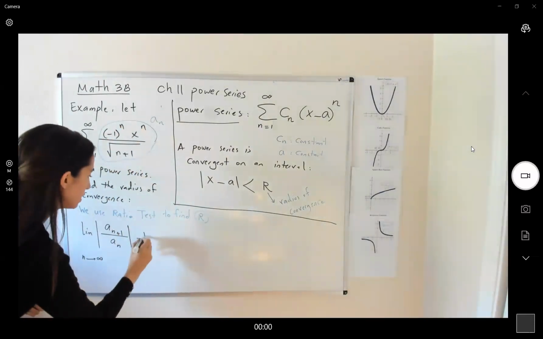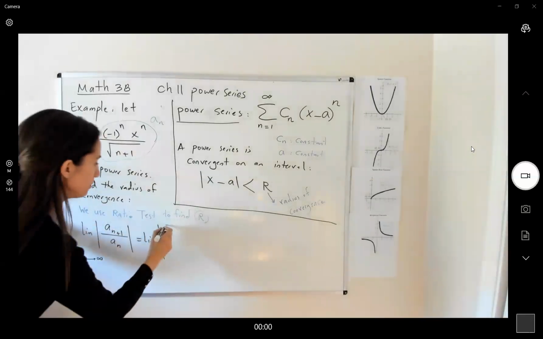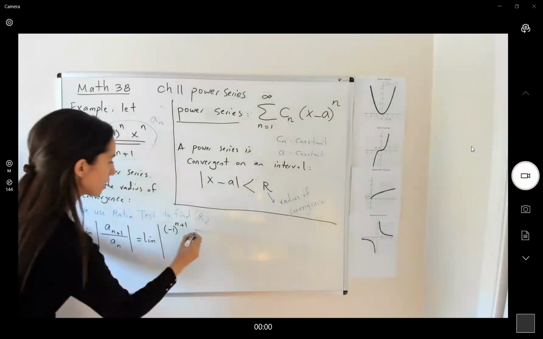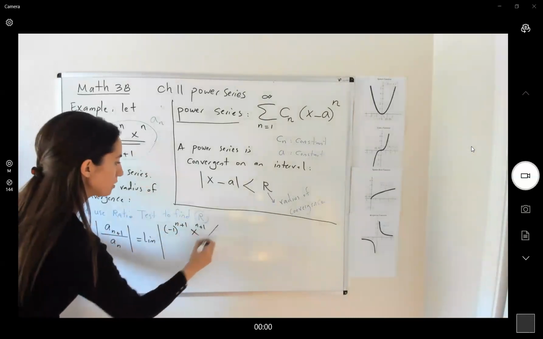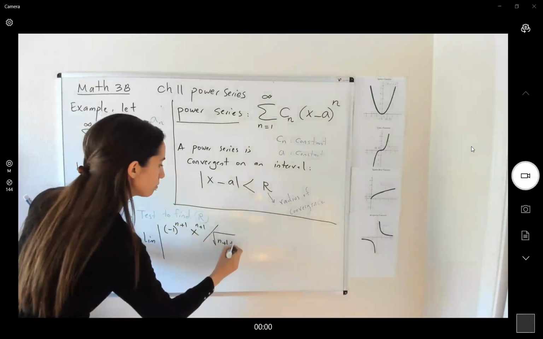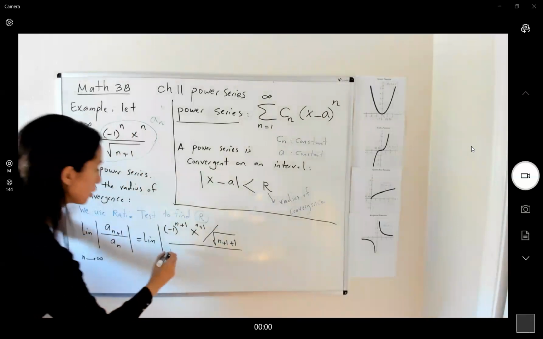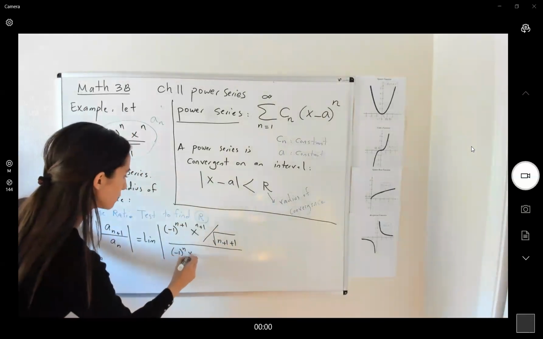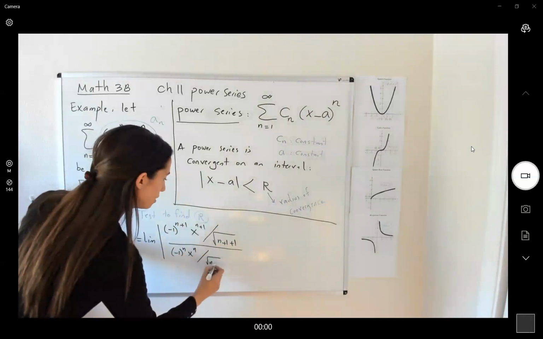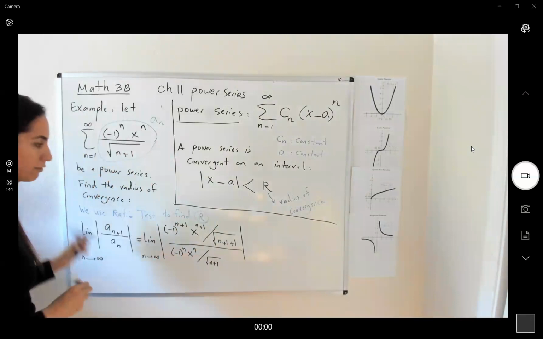We get the limit of the absolute value of -1 raised to n plus 1 times x raised to n plus 1, divided by square root of n plus 1 plus 1, divided by -1 raised to n times x to the n divided by square root of n plus 1, while n goes to infinity.